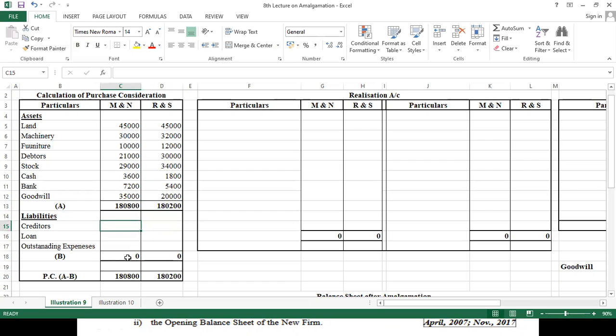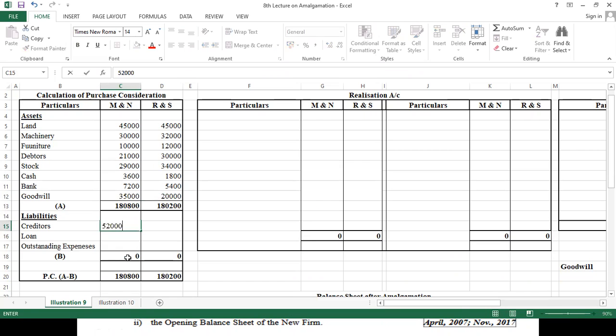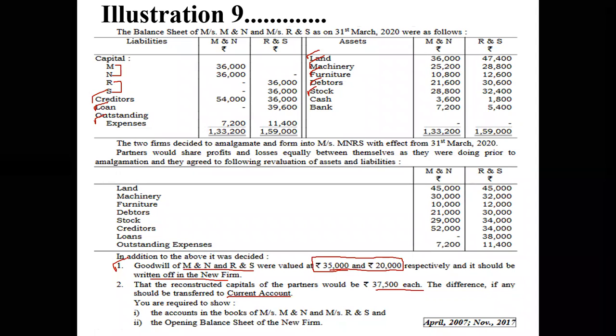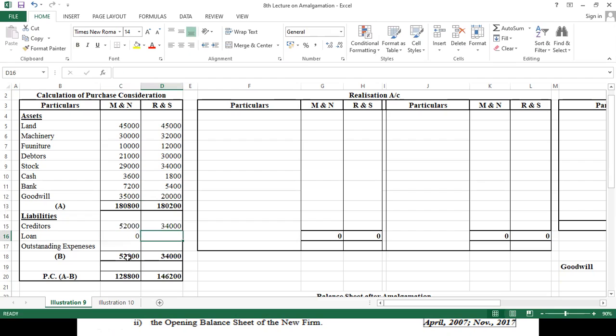Now let's write down the liability. Liability new value is given. Creditor is 52,000 and 34,000. Loan is not there with the first company and with the second company it is 38,000.